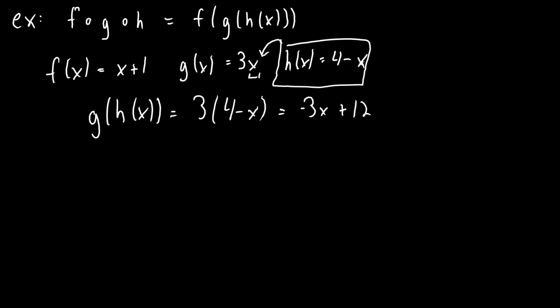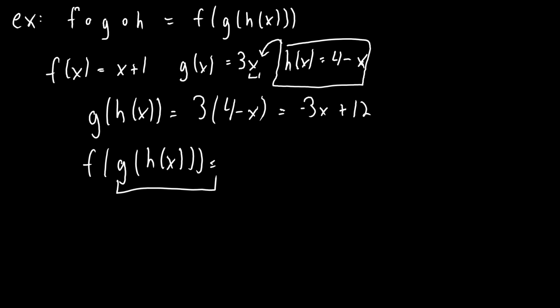Okay, and now we need to find our final function we need to solve for. So we already have this part, so now we just plug this g of h of x into our f of x function. So we have x plus 1, and everywhere there's an x, we have to plug this in.